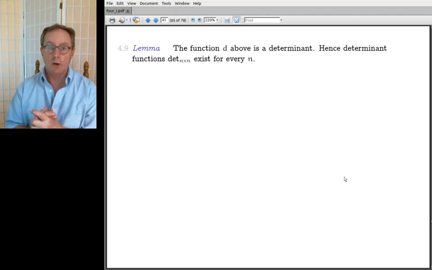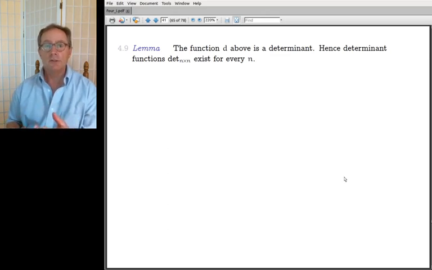This way is very slow. Maybe there'll be an exercise that says use the formula to calculate the determinant, but typically in practice, you will use Gauss's method. But the existence of the formula guarantees that there is a determinant function. That's what we needed.